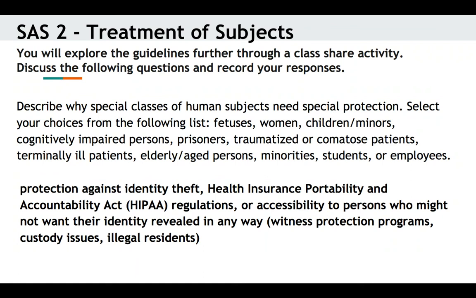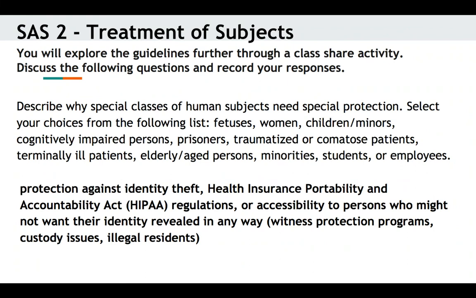Minorities, it depends. This is a fact. African Americans are more susceptible to a disease called sickle cell anemia. As a matter of fact, they're the only race that is stricken by it. And so if it is a study on that, they would be the first ones chosen. But if the study would effectively give them that particular disease, it's not fair to them because other people wouldn't get it.